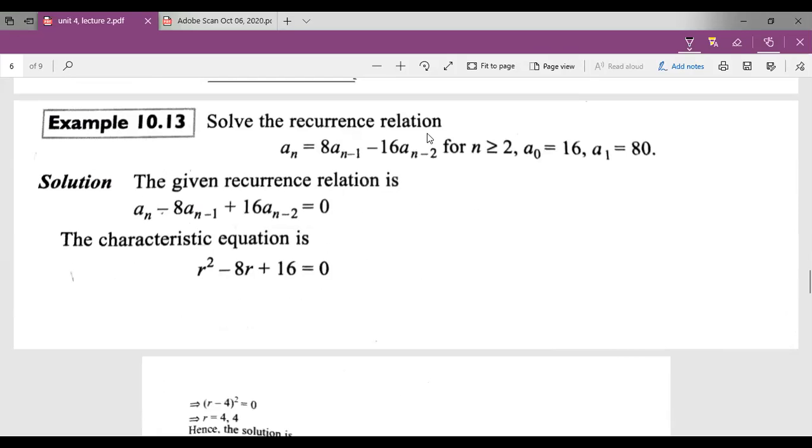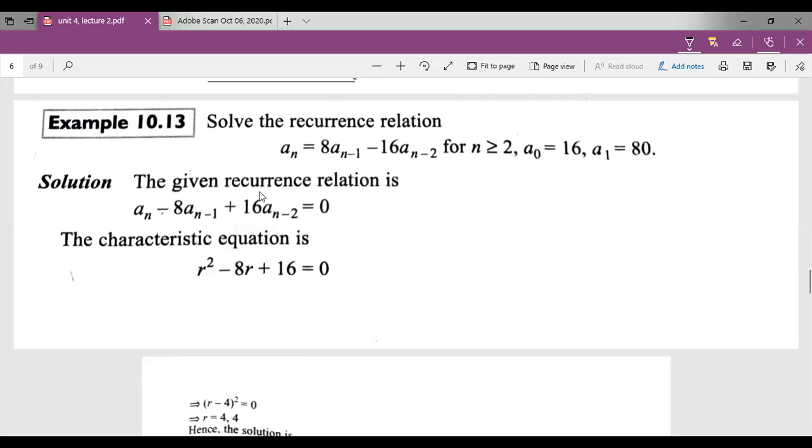Solve the recurrence relation an is equal to 8 an minus 1 minus 16 an minus 2 for n greater than or equal to 2 with the initial conditions a naught is equal to 16 and a1 is equal to 18.